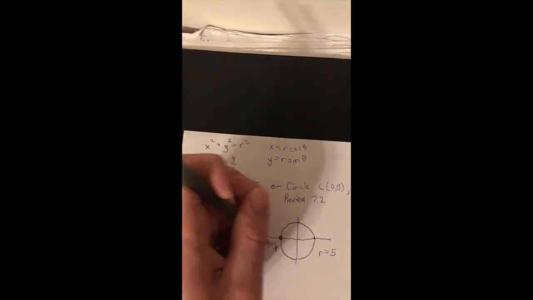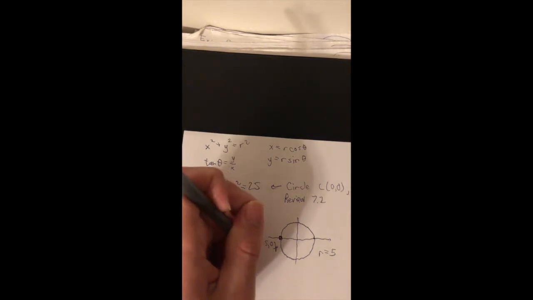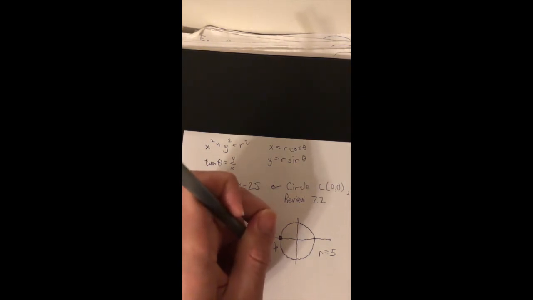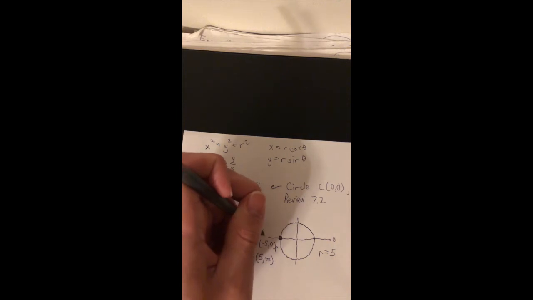Take a moment and pause the video and make sure you can recognize how I labeled this point negative 5, 0 in polar coordinates. Any point can also be written with r as the opposite sign if I flip the direction. So negative 5 in the 0 direction is the same as 5 in the pi direction.